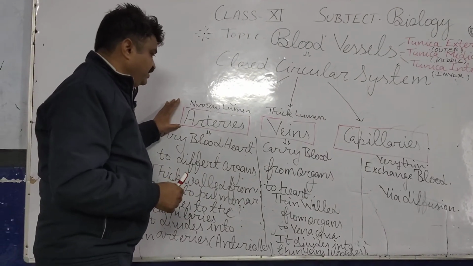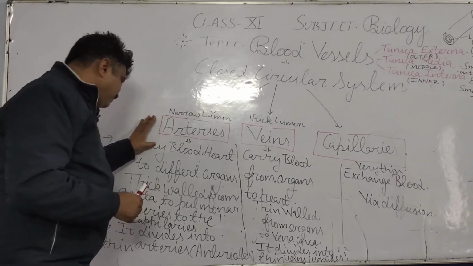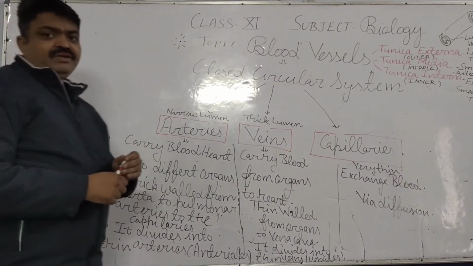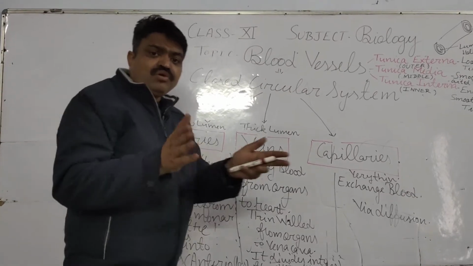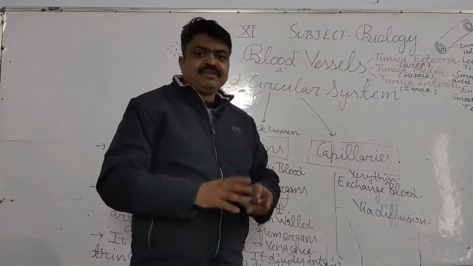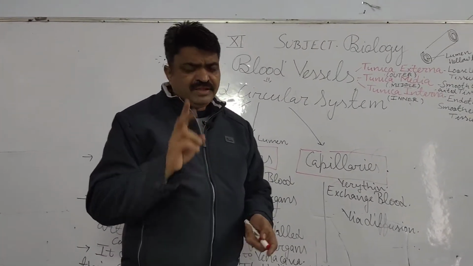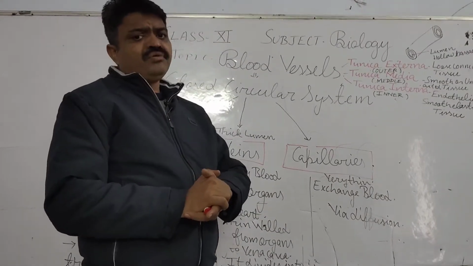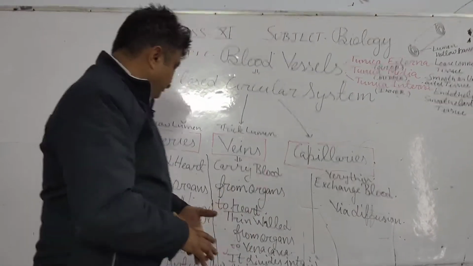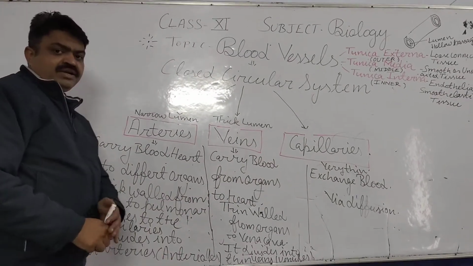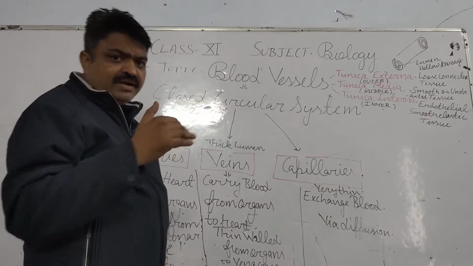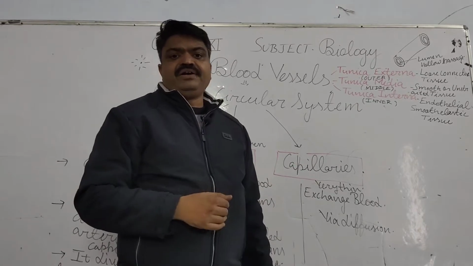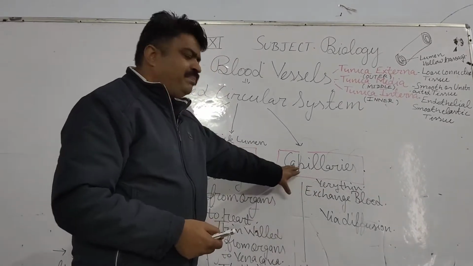Those thick arteries are divided into small arteries when they reach the particular organ, and those thin arteries are known as arterioles, student. Arterioles are again divided into blood capillaries.